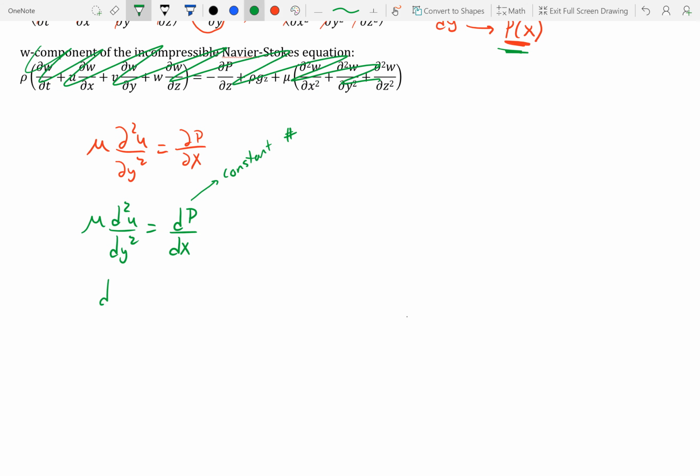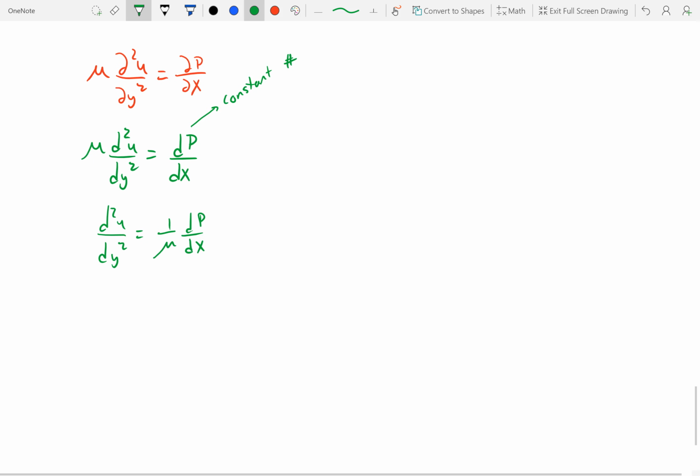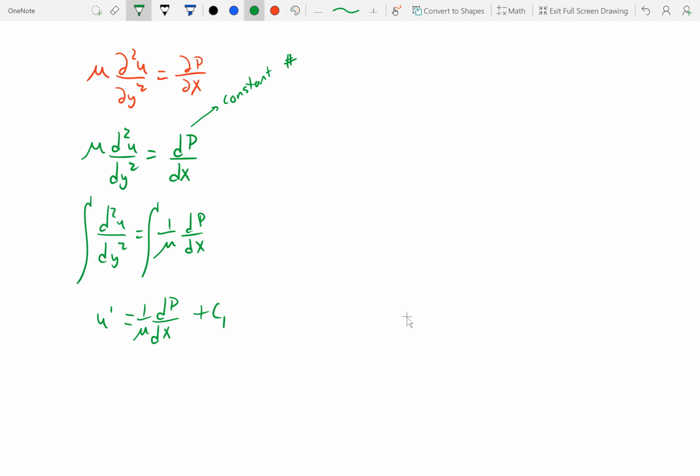So what I'm going to do is I'm going to solve for this in terms of this. So 1 over mu dp dx. Okay, and then I'm going to integrate this. All this stuff on the left is just a constant, so you get u prime equals dp dx 1 over mu y plus a constant.